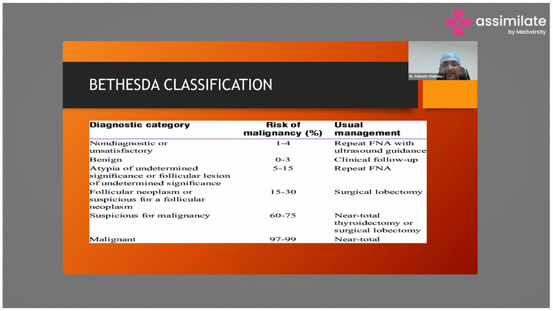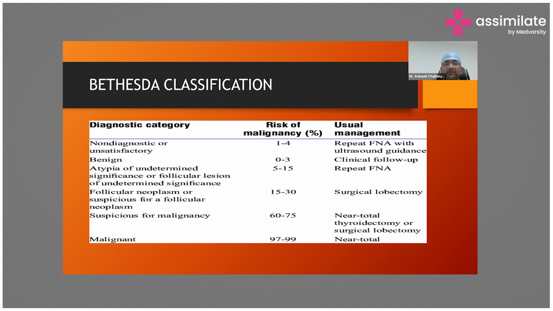So Bethesda 6 is basically going to be a papillary carcinoma of thyroid or follicular carcinoma of thyroid. But Bethesda 5 is suspicious for malignancy; your lymphoma and other tumors of the thyroid will all be classified as Bethesda 5.